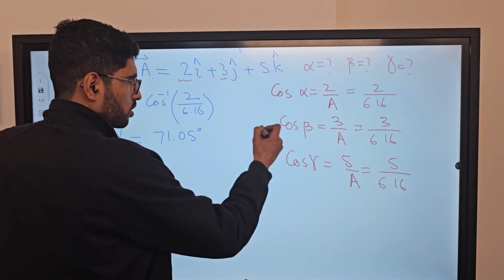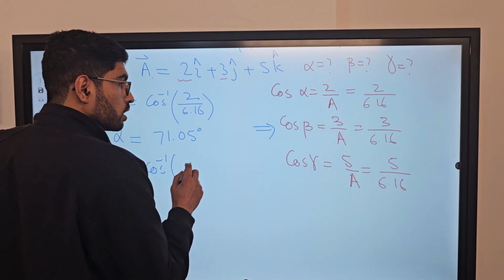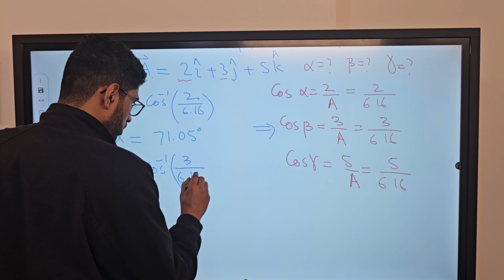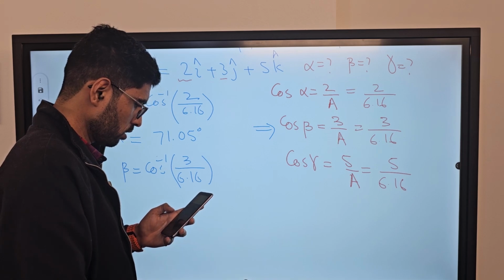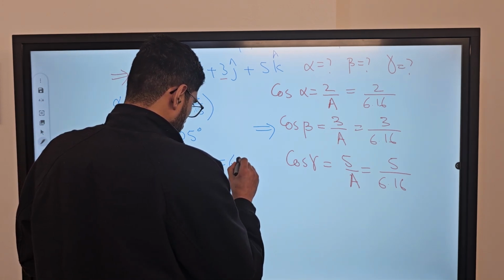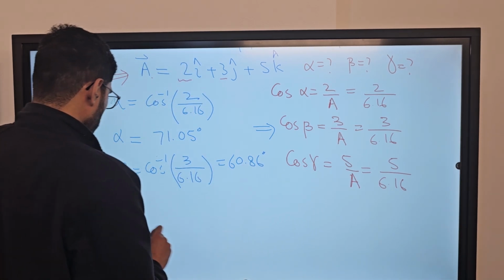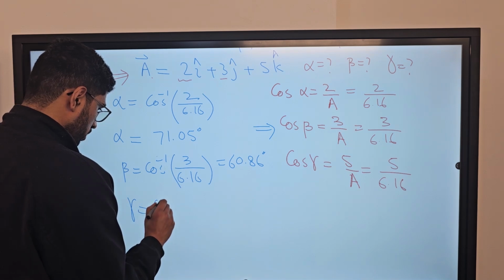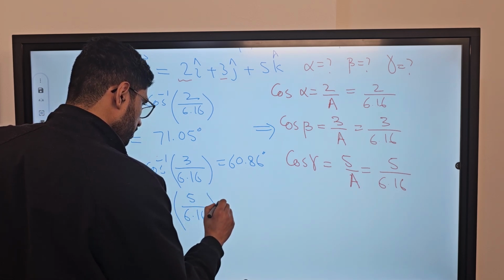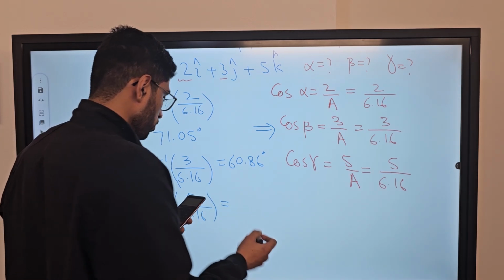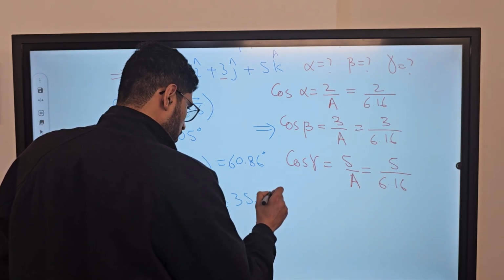Similarly, beta will be equal to cos inverse of 3 divided by 6.16, which is approximately 60.86 degrees. And gamma will be equal to cos inverse of 5 divided by 6.16, which is 35.73 degrees.